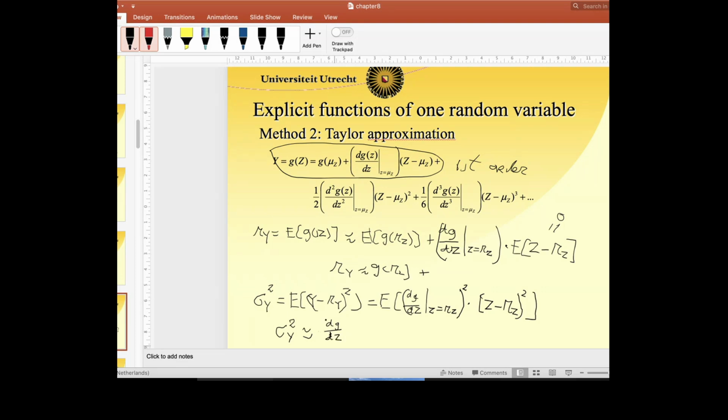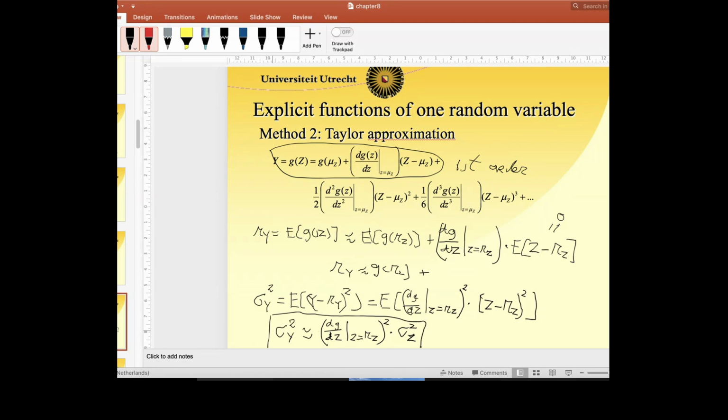The derivative of g with respect to z evaluated at the mean squared times the variance of z. So the first order approximation is quite simple.